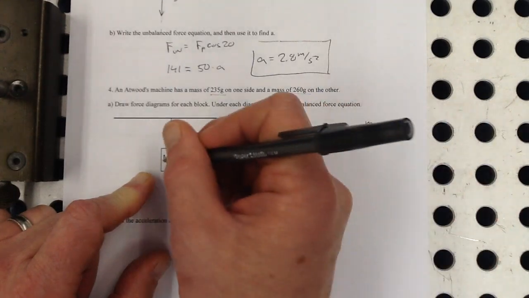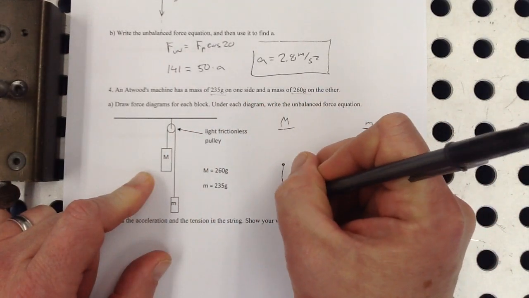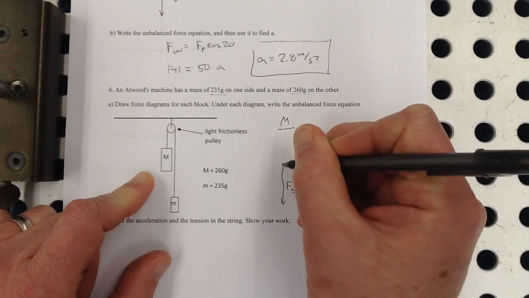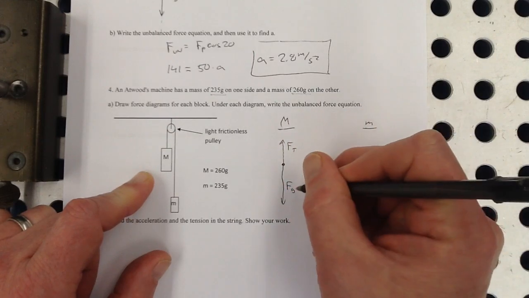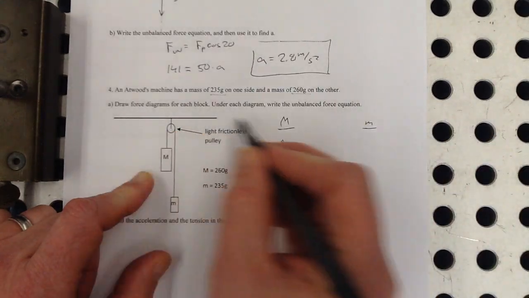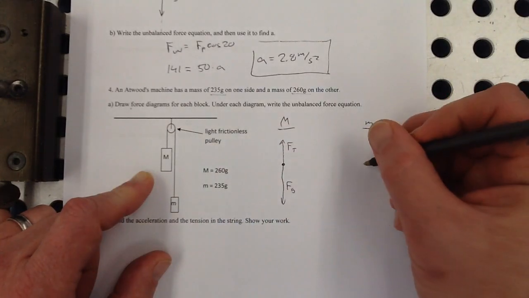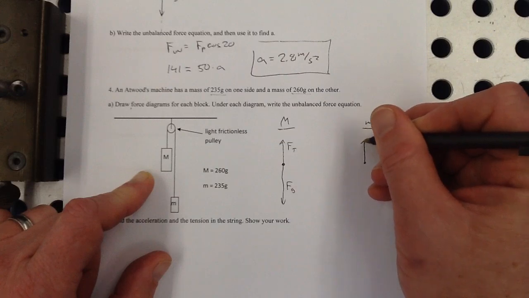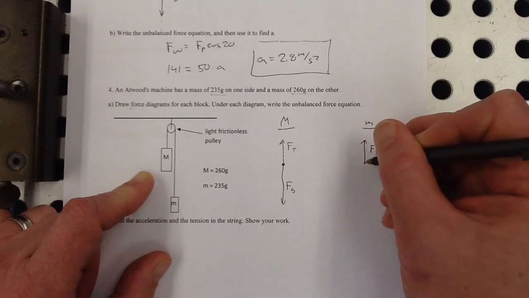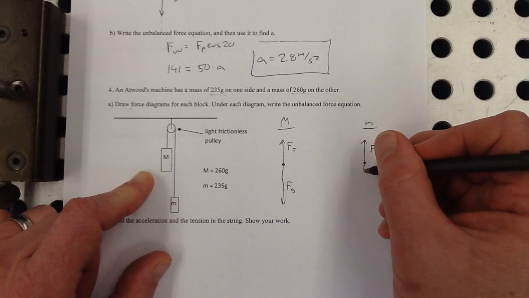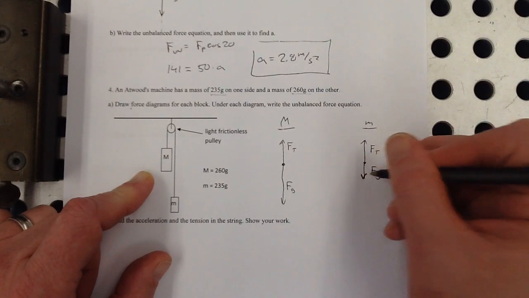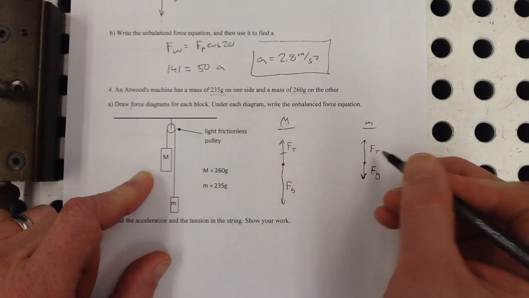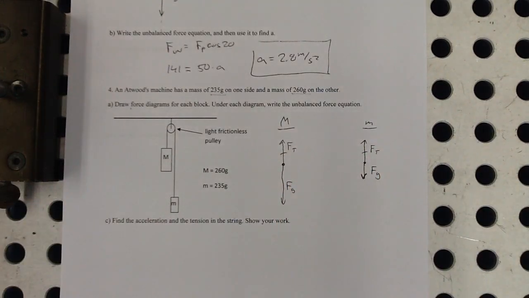The bigger one, gravity will be winning and tension will be losing. And it didn't say quantitative, so that means I don't have to put numbers in these. And then for the lighter one, tension is winning and gravity is losing. And the tension force, that's what's the same.